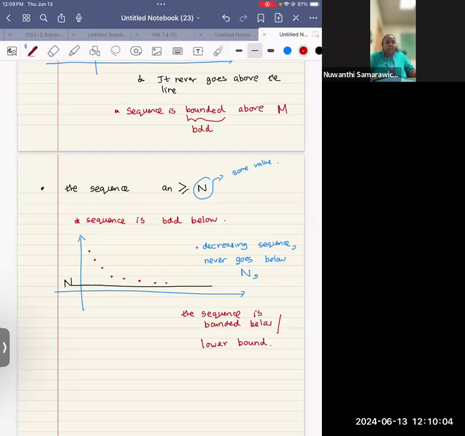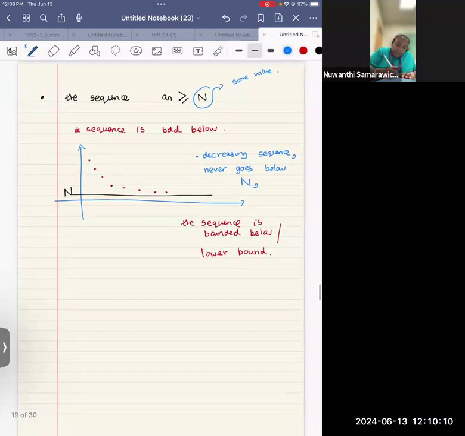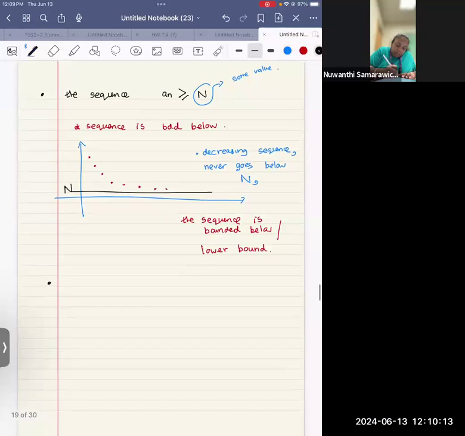What if it has an upper bound and a lower bound both? Then what is the sequence called? The next type is if your sequence looks like this now. It has an upper bound and a lower bound both.